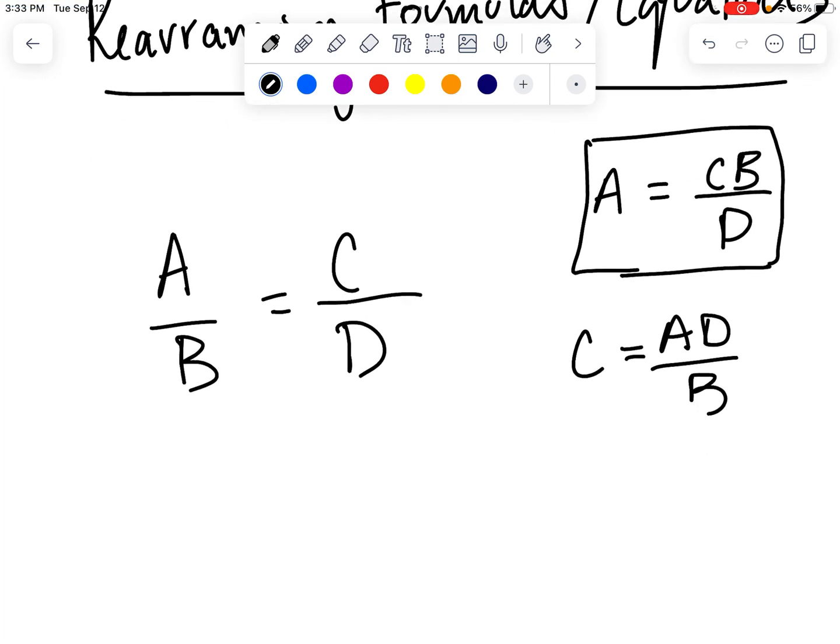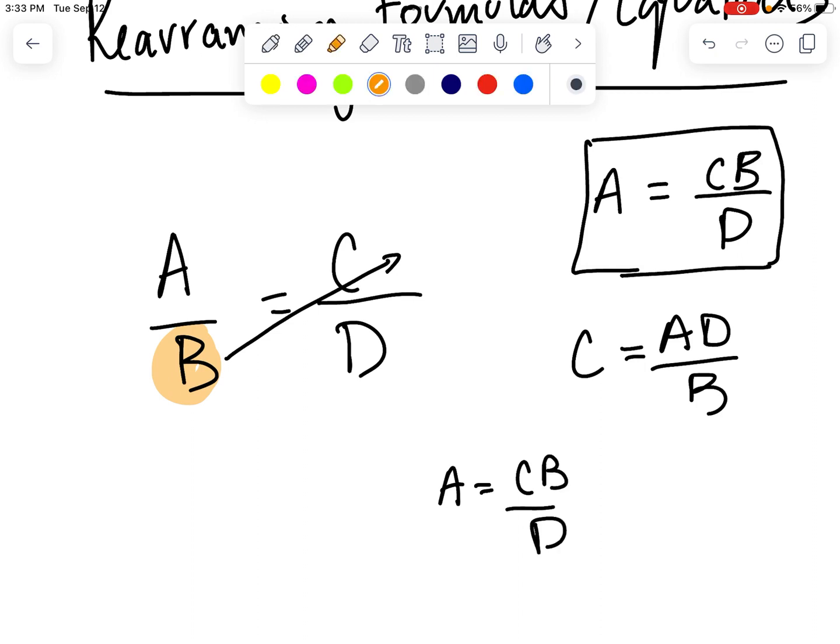Well, if I wanted to solve for b, right now it's not in the numerator, but I could get it into the numerator if I just took it to the other side, right? So then I would have a equals c times b over d. And if I still wanted to solve for b, now it's by itself, I'll take the c, it'll go across, and the d will go across.